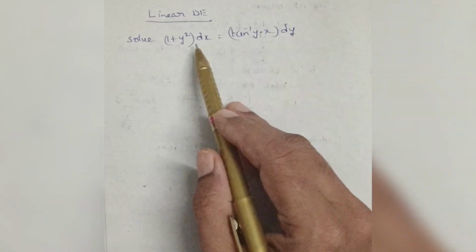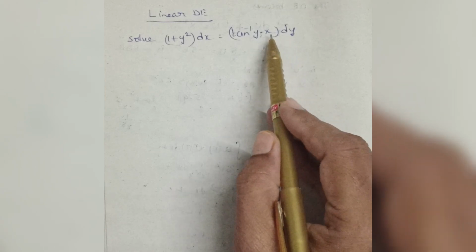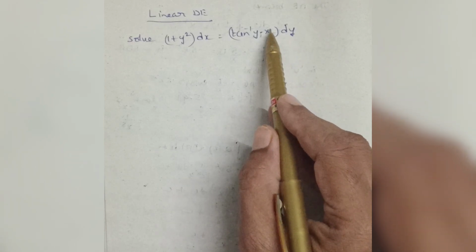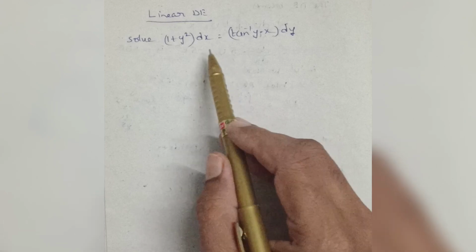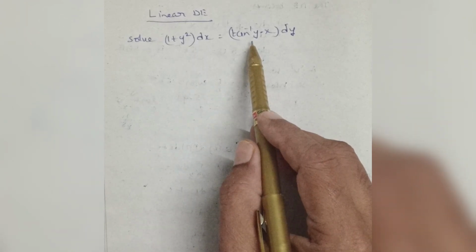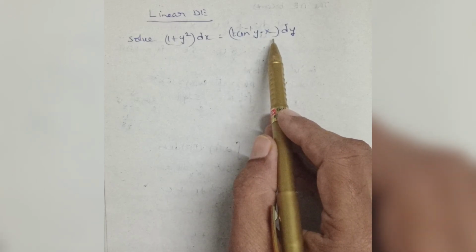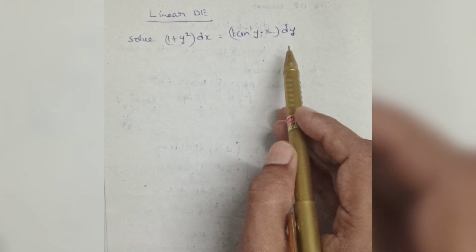If you see dy by dx, it is a first order DE, but here the variable x has power 1, and the remaining y terms are in terms of functions. So this is a linear DE in x with respect to y.